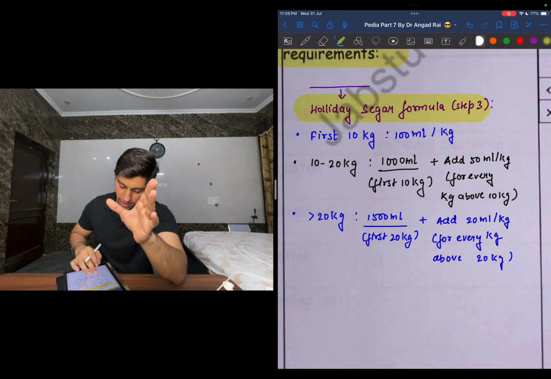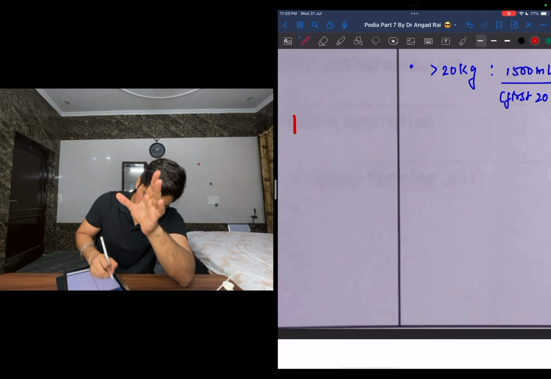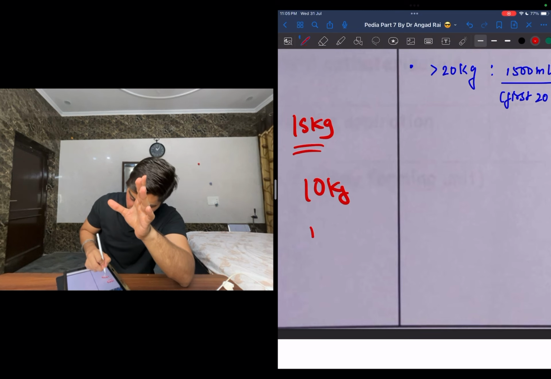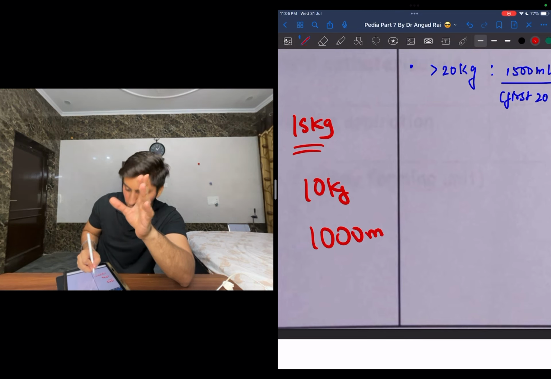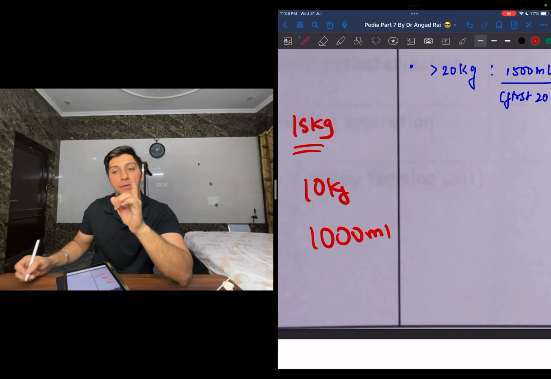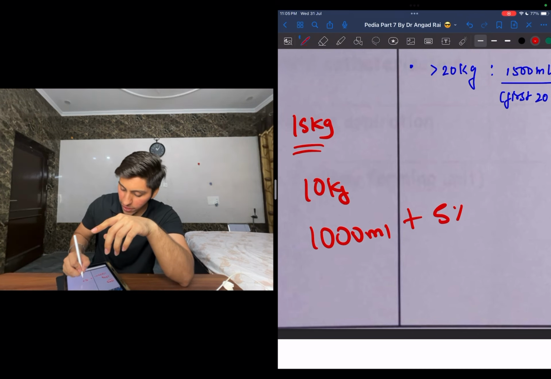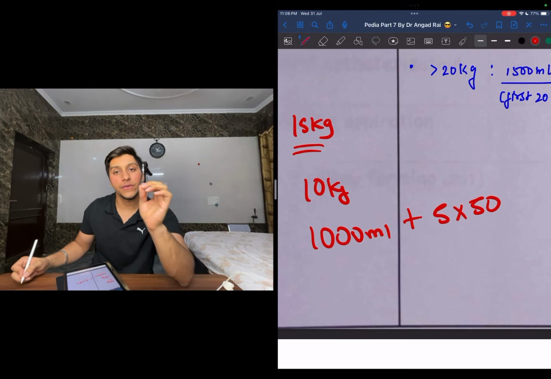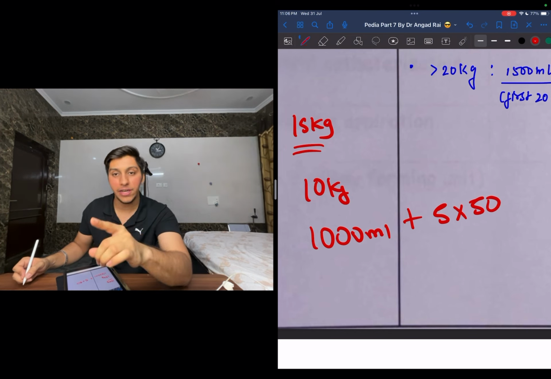For example, if a child is 15 kgs, I already know for the first 10 kgs I am going to give 1000 ml. Hana? For the remaining, the child has 5 kgs. So 5 into 50, for each 1 kg you will give 50 ml.